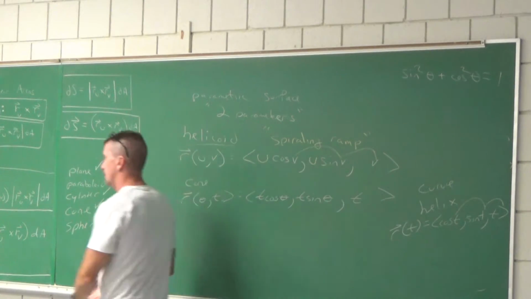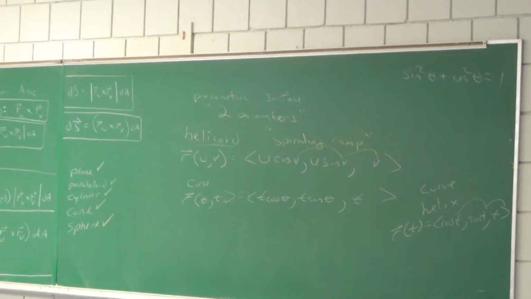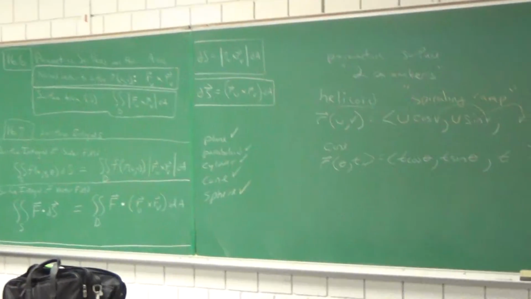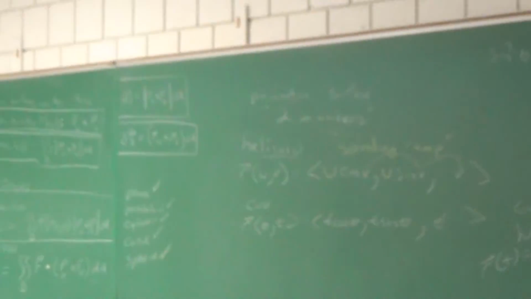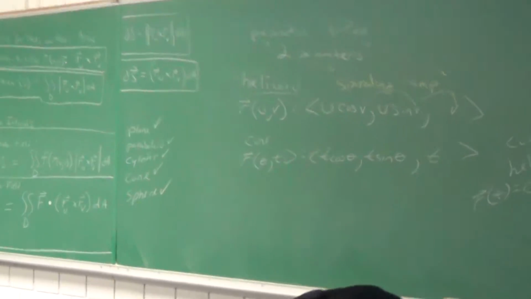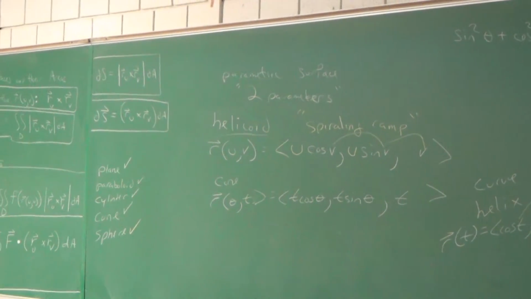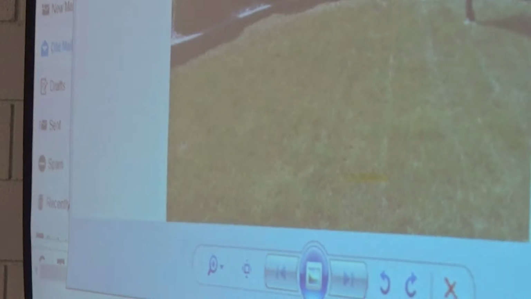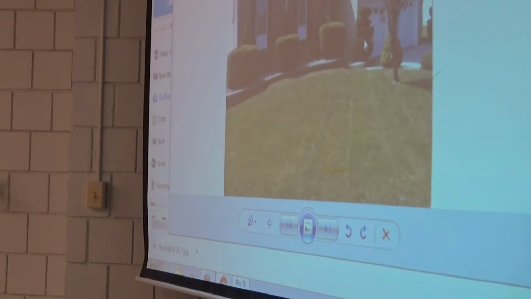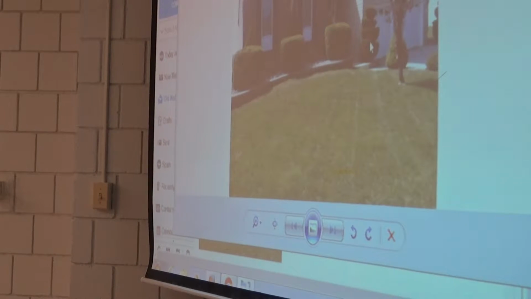Cool. Unfortunately, when you teach Calc 3 as often as me, you get home, and you work on the lawn, and look what you end up doing. You start cutting all your shrubs like helicoids. That's my front lawn. You see that tree right there?